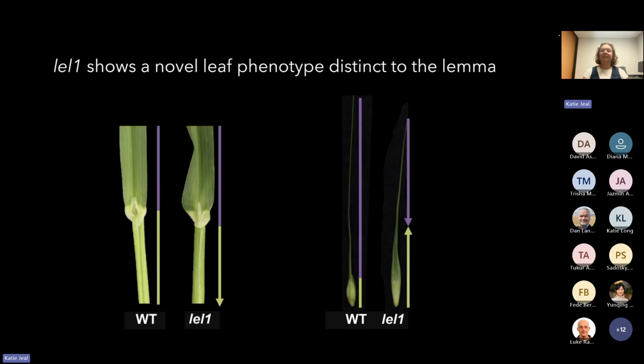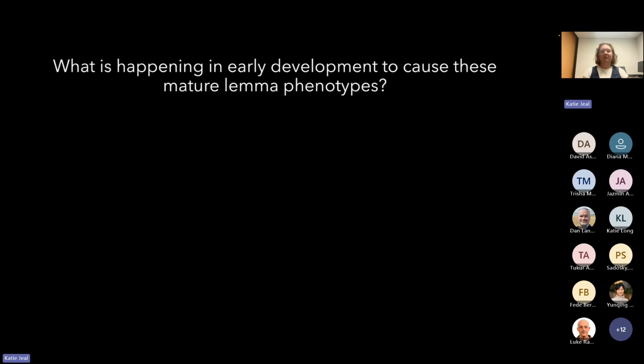And so to understand the developmental mechanisms underlying this phenotype, we've next looked closely at what is happening in early lemma development. So to look at what is causing our mature lemma phenotype, we looked very early on using scanning electron microscopy. And our goal was to identify when the developmental trajectories between wild type and leafy lemma began to diverge.